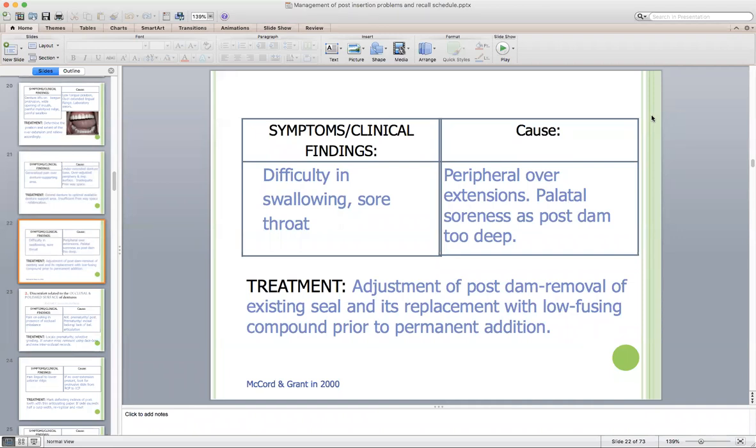So we have to check before adding any permanent material to the denture to rectify the posterior palatal seal area. We have to use a low fusing impression compound to check for the correct extension of the denture before we can add any permanent material to the denture.